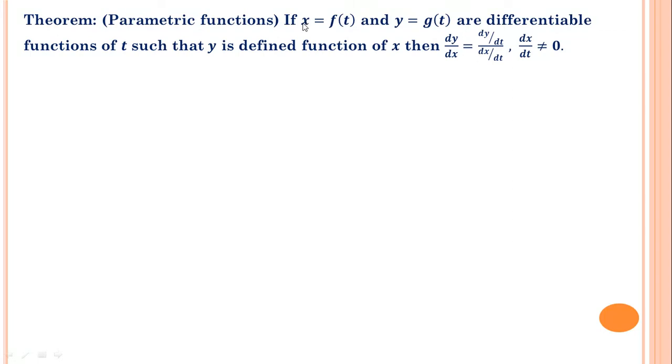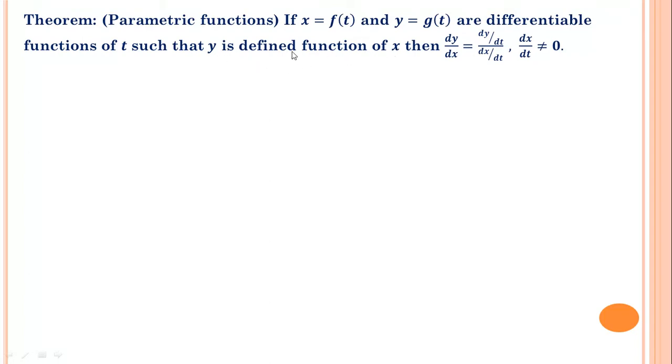And what is given here, x and y both are differentiable functions of t. So derivative of x with respect to t exists. Similarly, derivative of y with respect to t also exists, such that y is defined function of x.